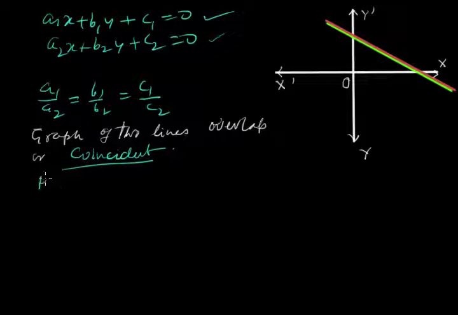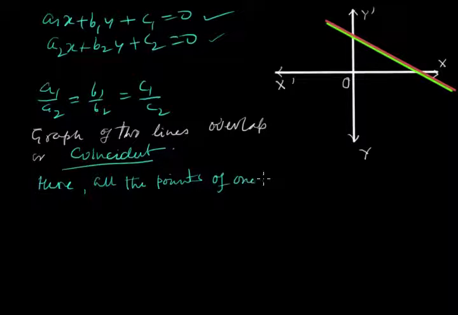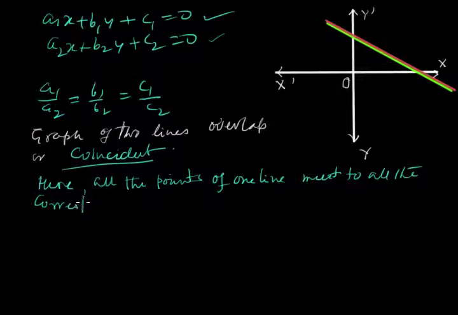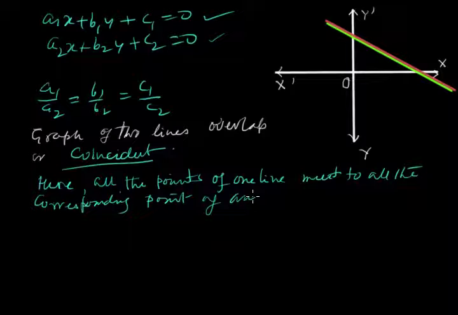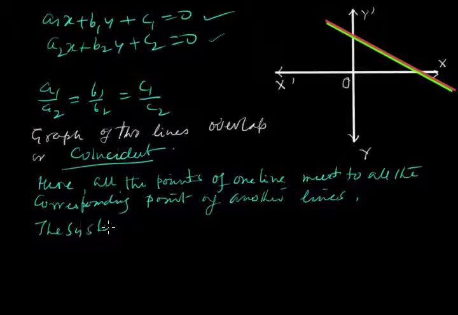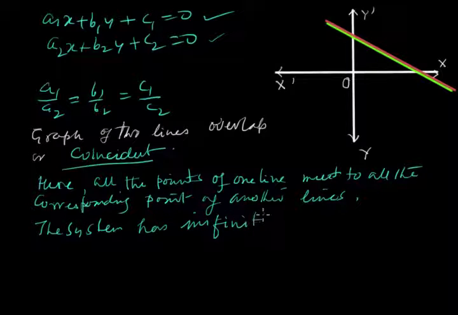Here, all the points of one line meet the corresponding points of the other line. So the system has infinitely many solutions.